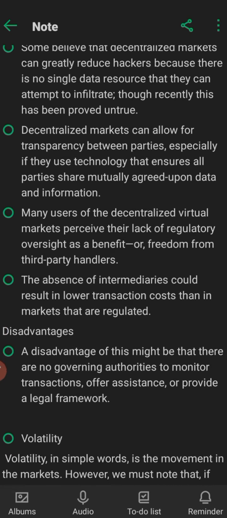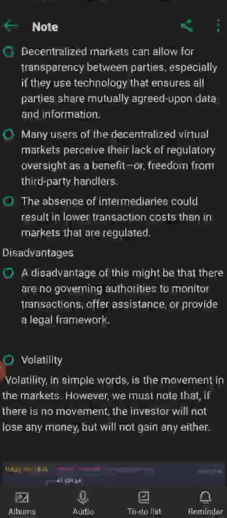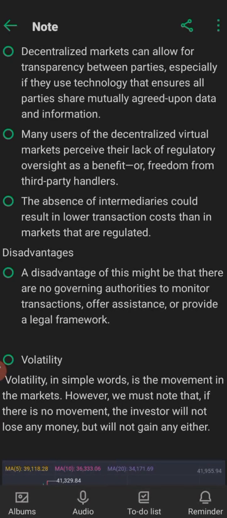Those who are conversant with economics and commerce discover that the idea of a middleman usually adds more cost to production and could also lead to one or two challenges. While for the disadvantage, a decentralized market might have no governing authorities to monitor transactions, offer assistance, or provide a legal framework.